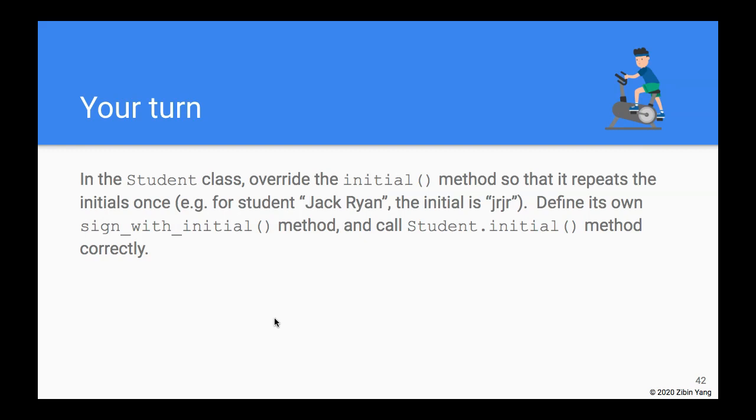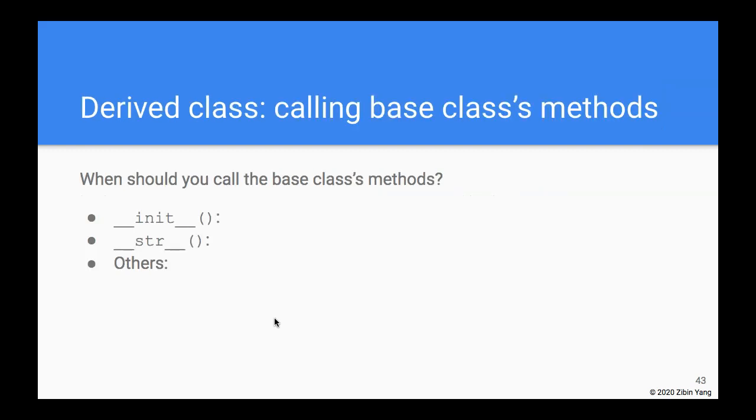And assuming you've done that, I'd just like to conclude this video with a couple of words regarding the Dunder Init method and Dunder String method, and when you should call the base class's equivalent of these methods.